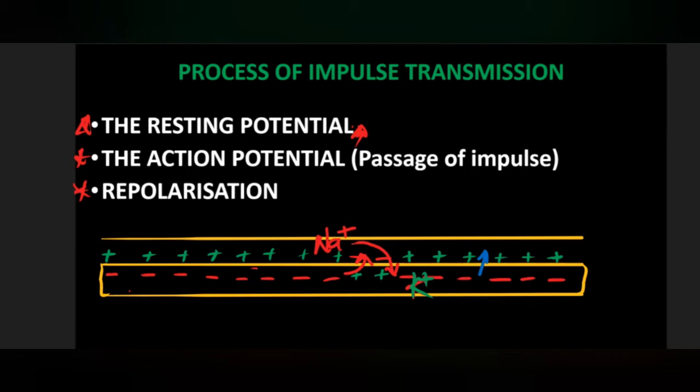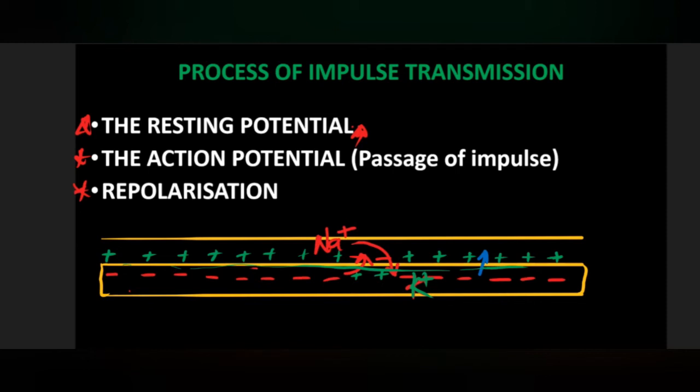So when an impulse is being transmitted along a neuron, what happens? The impulse makes this membrane permeable.